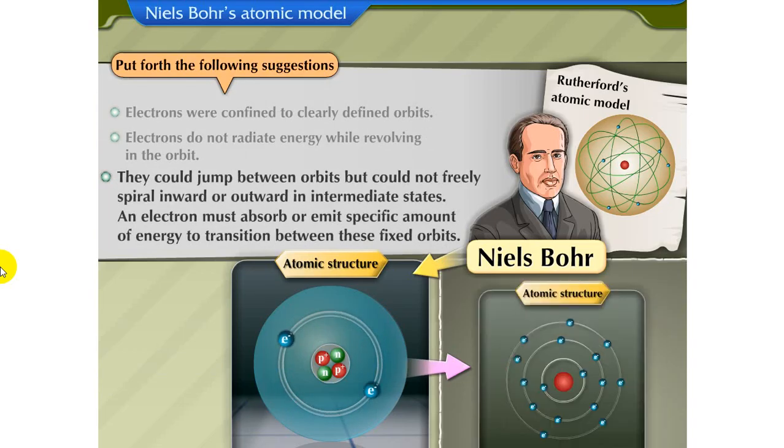They could jump between orbits, but could not freely spiral inward or outward in intermediate states. An electron must absorb or emit specific amounts of energy to transition between these fixed orbits.